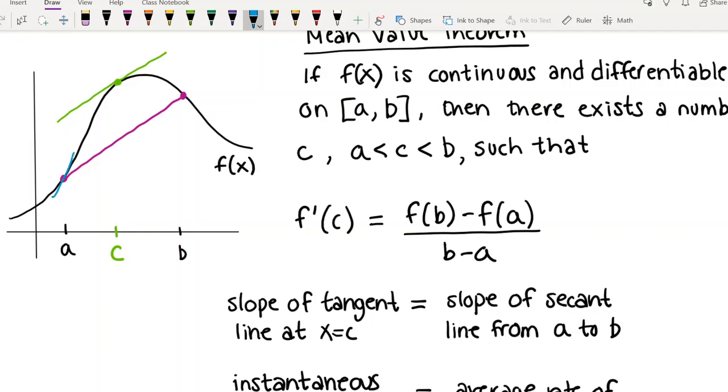If you're drawing all the instantaneous rates of change, at some places they're steeper, at some places they're negative, at some places they're less steep, but on average, their slope should be equal to this line. And so it makes sense that at some point, the slope is actually equal to the slope of that line.